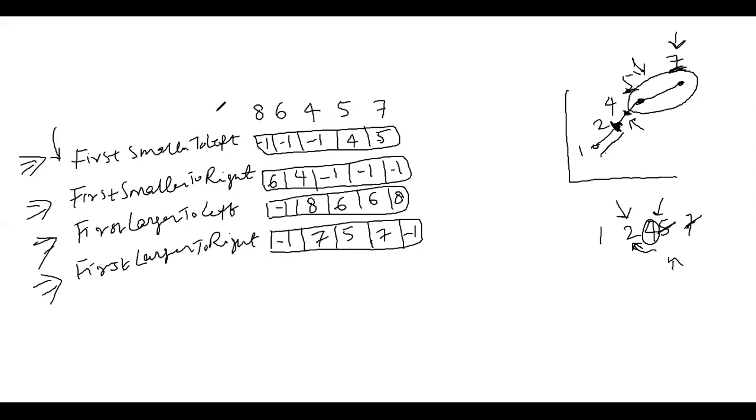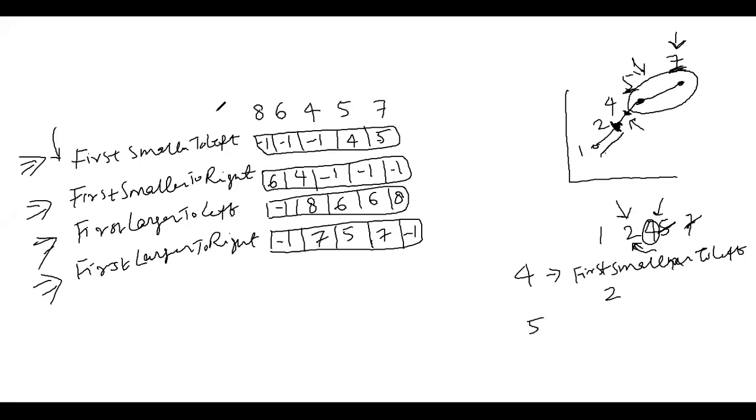So for me, 4, I will say the first smaller to the left is 2, because when I got inserted, 2 was on the top.